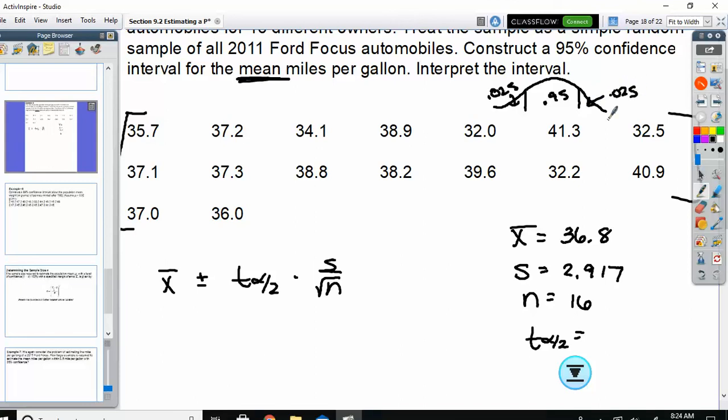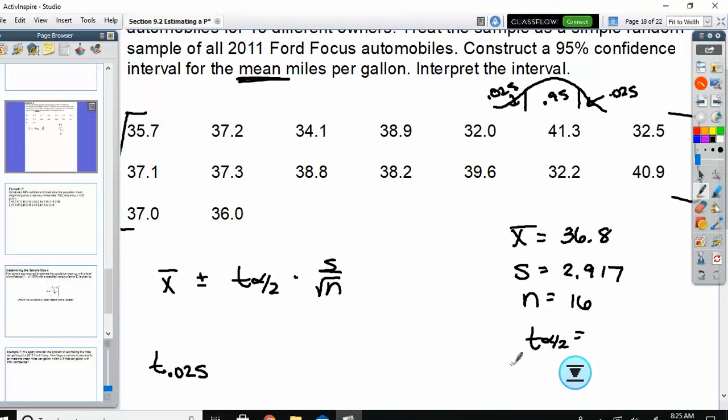When we looked it up on the normal table, we had to look up 0.975 because the normal table tells us probability to the left. But the T table tells us area to the right. So we need to look up when our T is 0.025.